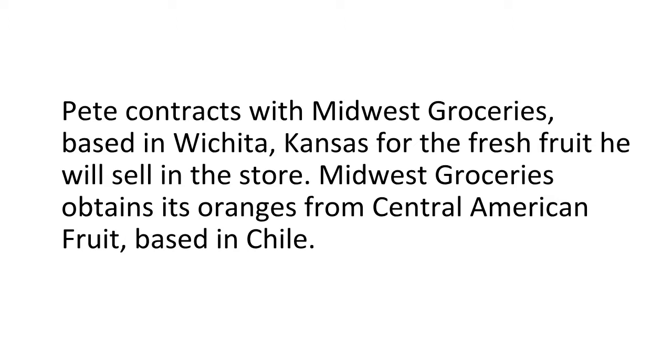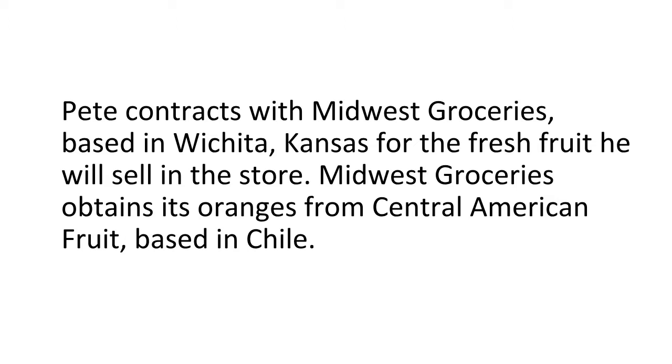Pete contracts with Midwest Groceries, based in Wichita, Kansas, for the fresh fruit he will sell in the store. Midwest Groceries obtains its oranges from Central American Fruit, based in Chile. In this case, again, we go to what is the relevant place of business. The relevant seller of the goods is Midwest Groceries, based in Kansas.